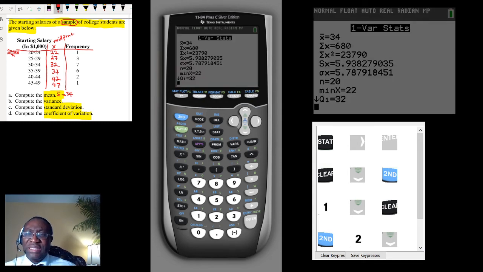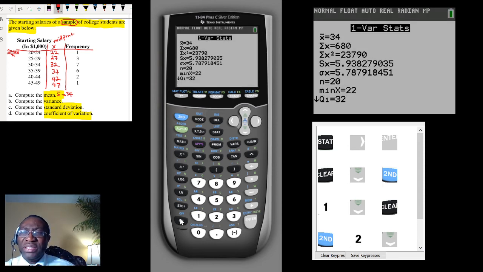Because it is sample data, what we would do next is write the value. Now which standard deviation corresponds to the sample data? In the TI, when you see Sx, it means the sample standard deviation, and sigma x means the population standard deviation.